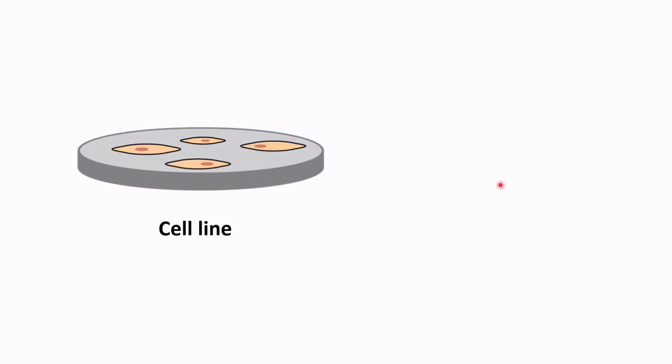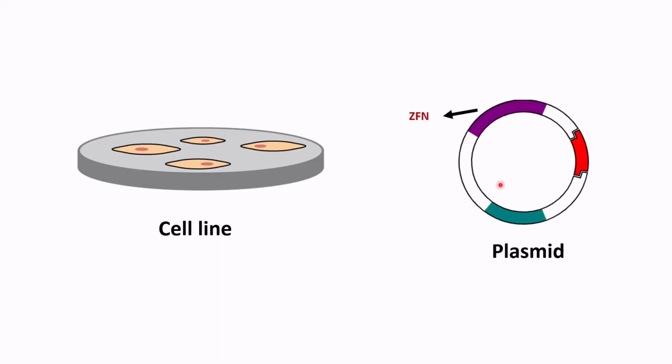Whatever your goal is, you need two things: a cell line of your interest where you want to perform gene editing, and a plasmid that contains the ZFN sequence.